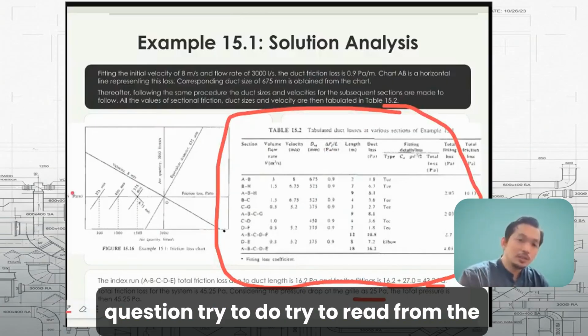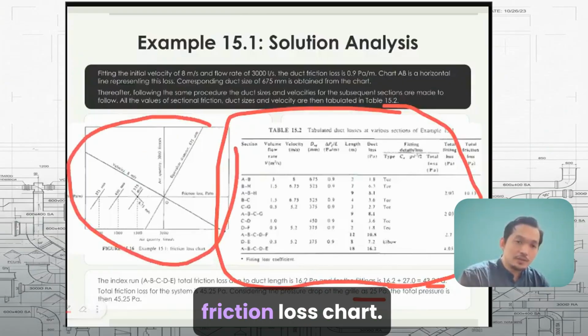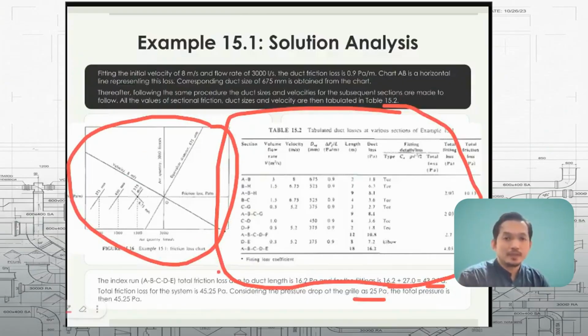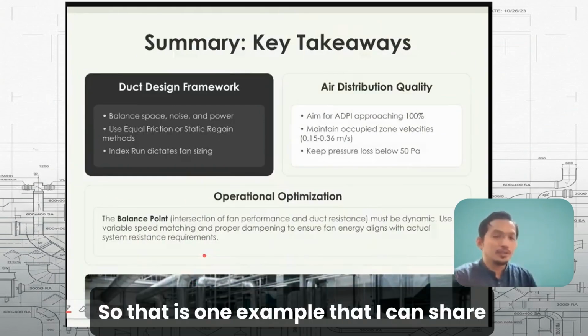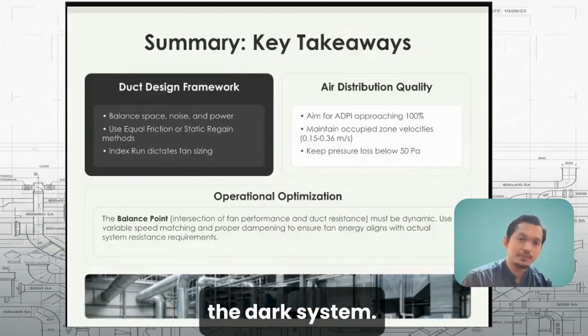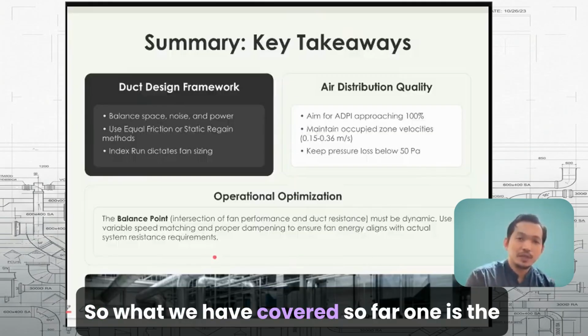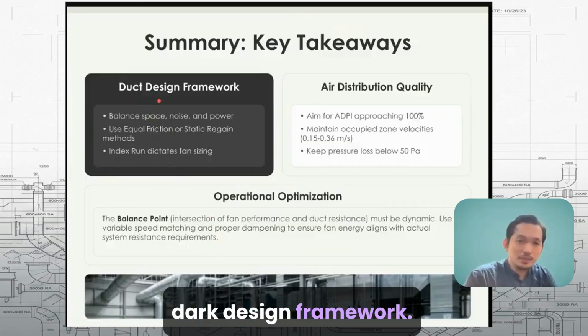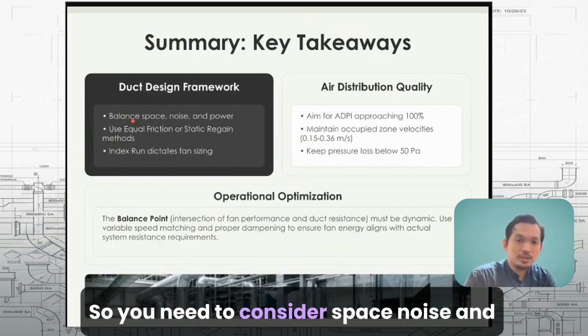Try to read from the friction loss chart. All right. So that is one example that I can share with you in this slide on how to design the duct system. So what we have covered so far, one is the duct design framework. You need to consider space, noise, and power.